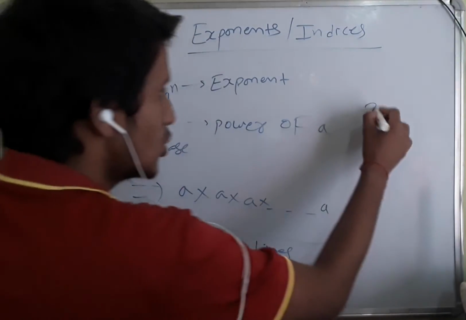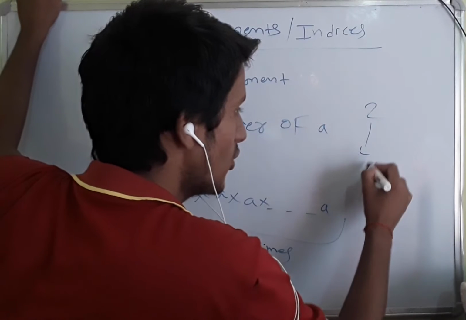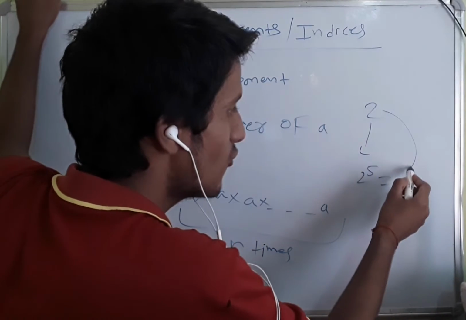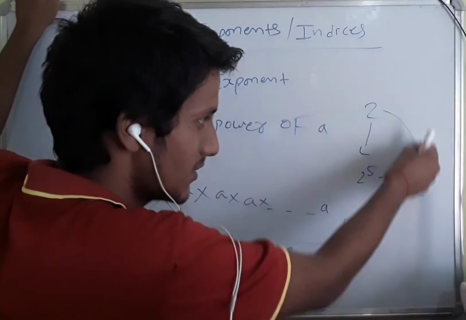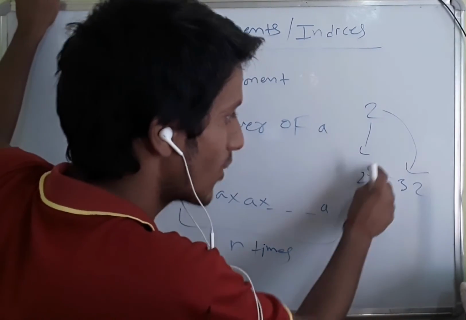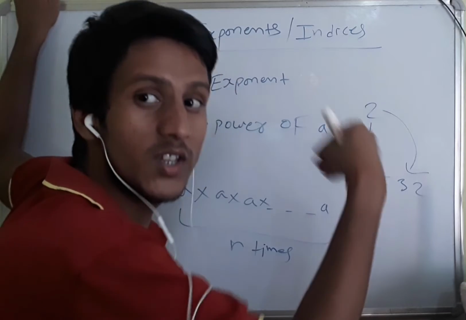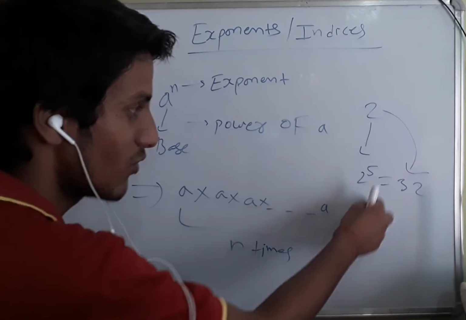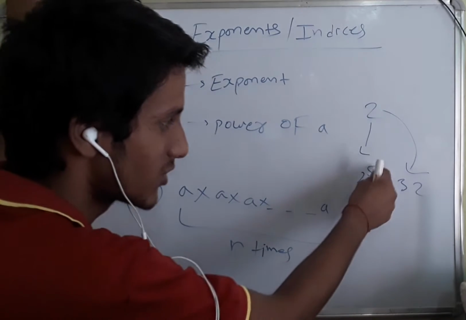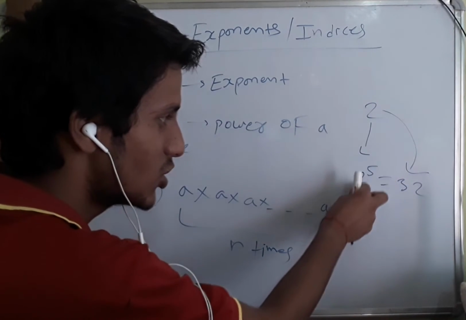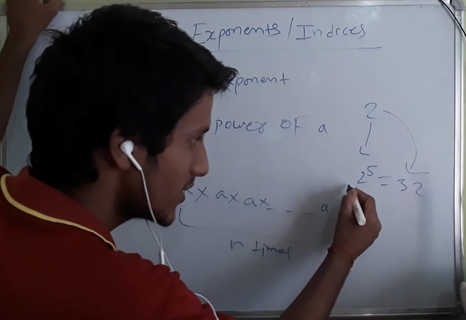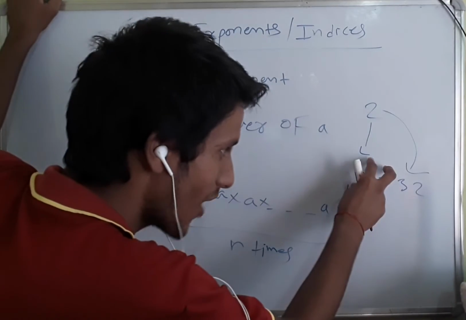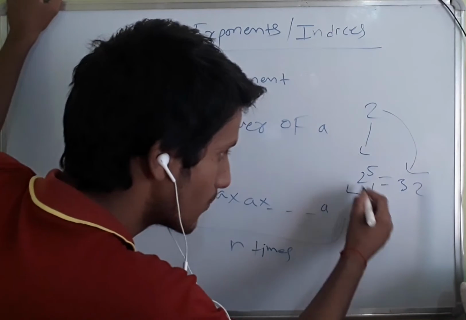When you have 2 to the 5th is 32, you can also call it 2 to the 5th power is 32. It means this is the power, and which power? The 5th power, when it is raised to the exponent of 5. This whole is 2 raised to the power of 5.